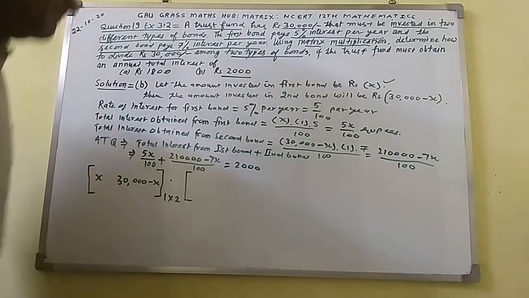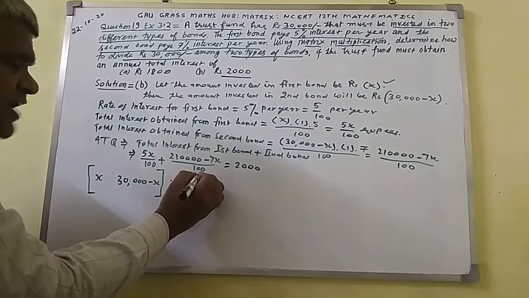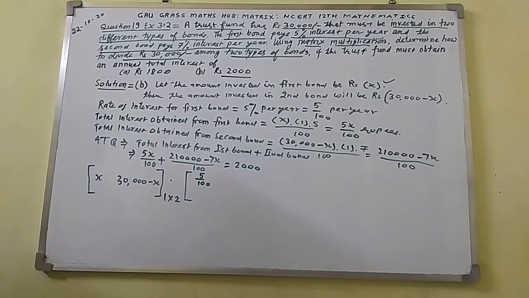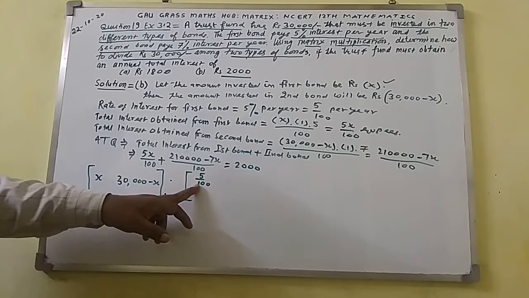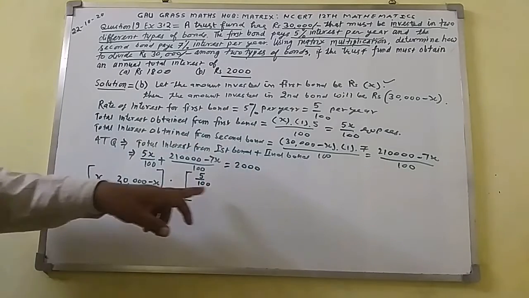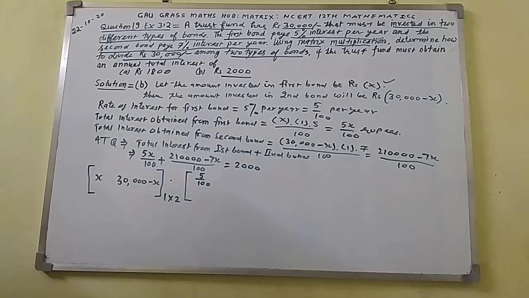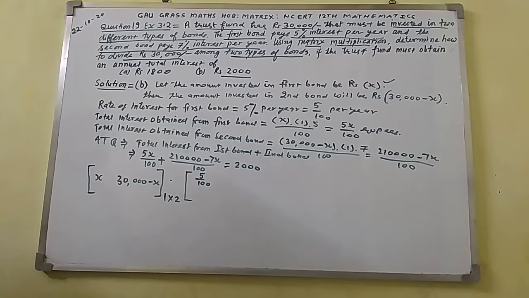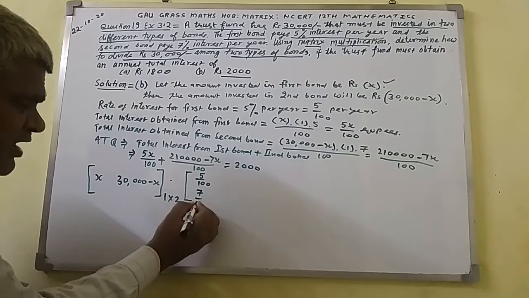I write 5 over 100, the rate of interest for the first one, 5% per year. For the second one, 7% per year, I shall write 7 over 100.